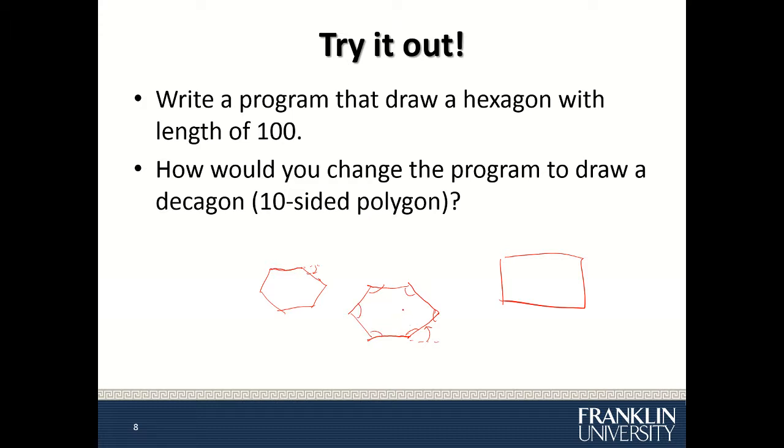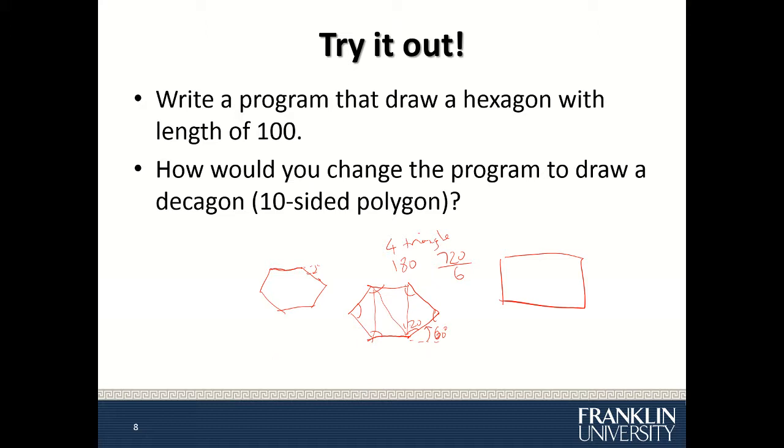And how much is each angle? Well, there are 4 triangles here, and each triangle has 180 degrees. So 4 times 180 is 720 degrees, and that's for 6 angles. Divide by 6, so each angle here is 120 degrees, and that means the turning angle will be 60 degrees.